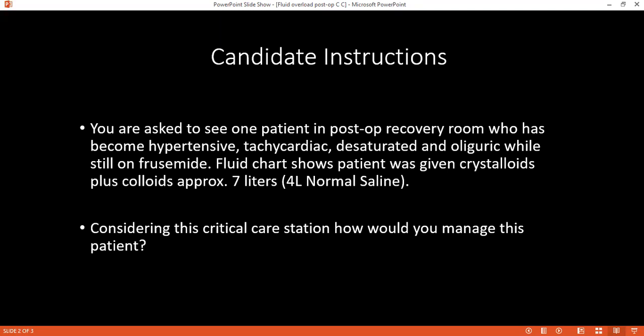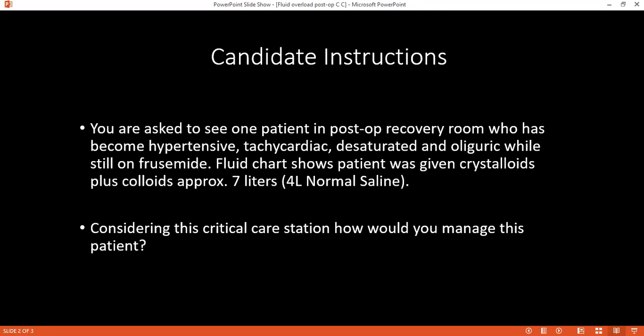And then I will check circulation: the vital signs, blood pressure, heart rate and the pulse.